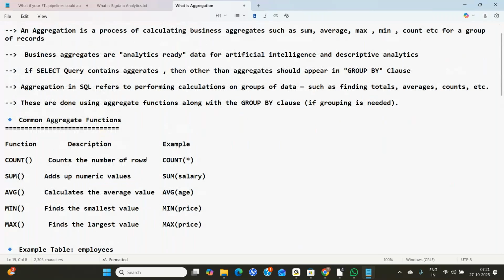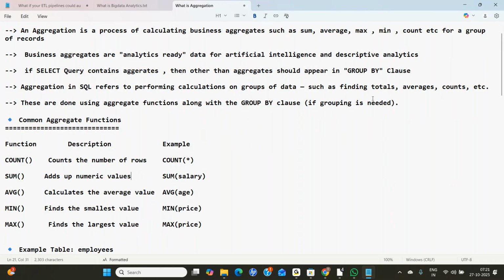Count the number of rows, sum adds up the numerical values, average calculates the average value, and finding the minimum value and the maximum or largest value. These are aggregate function names like sum, average, count, min, max.